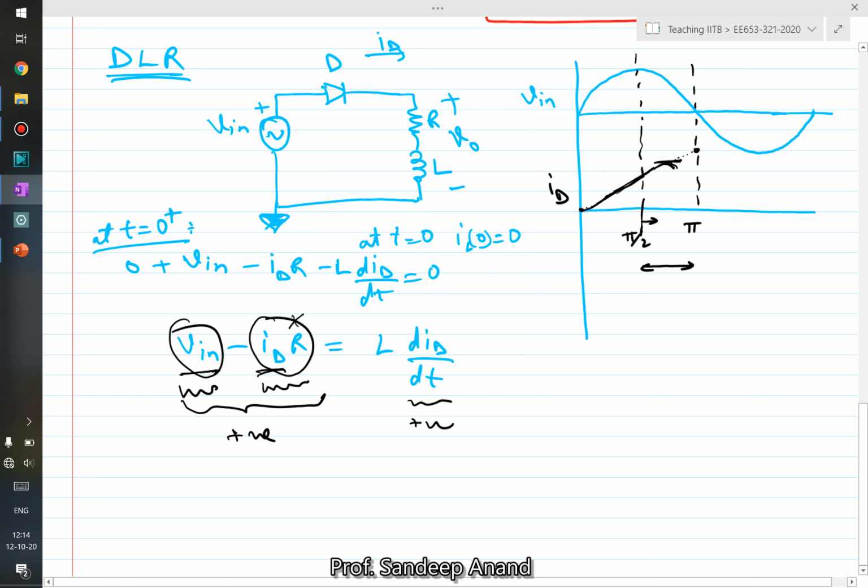right? Because the instant where the current is growing, right, V in is this, current is growing, I into R is growing, so at one instant, and now V in is falling, so at one instant both the values magnitude matches, right? And that is the instant where you hit the peak value of the current, and after that the current starts reducing. Now when the current starts reducing, then it would start falling, right?